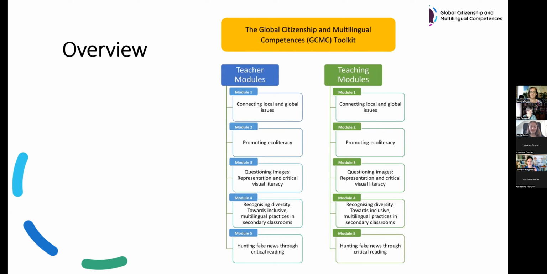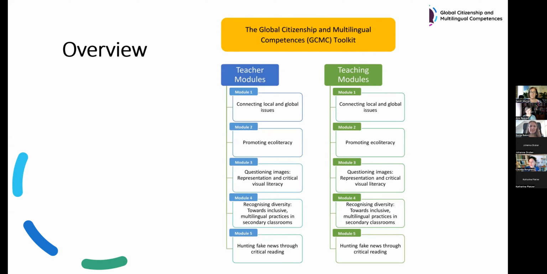Basically, teachers can access the project website and log in and carry out these activities, which serve as teacher training in order to familiarize themselves with the concept of global citizenship and how to use and enjoy multilingualism in their classes as well, in different fields, in different disciplines.